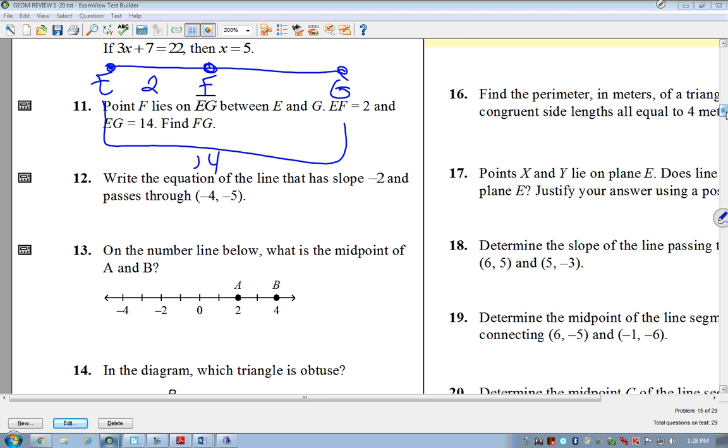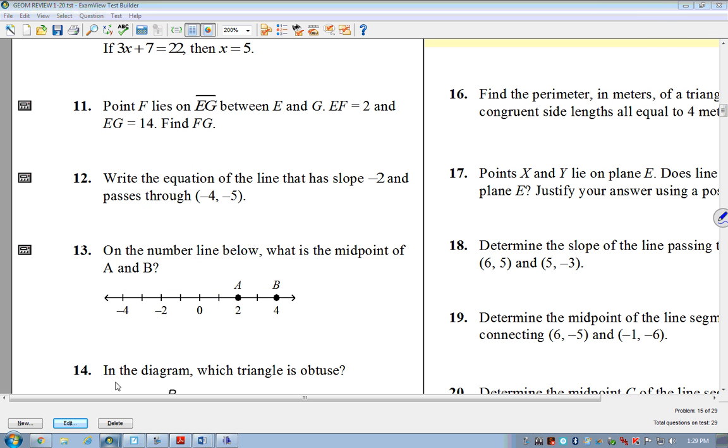So how do I find FG? Subtract. Because this is the segment addition postulate, right? EF plus FG equals EG, correct? All right, so then I can substitute. I know that 2 plus X equals 14. Subtract 2, X, or FG in this case, equals 12. Right? Draw it.